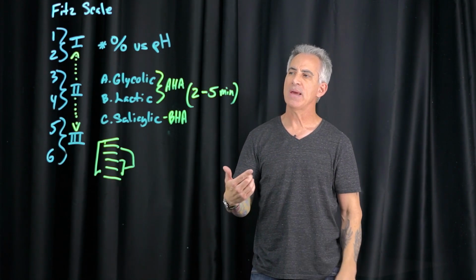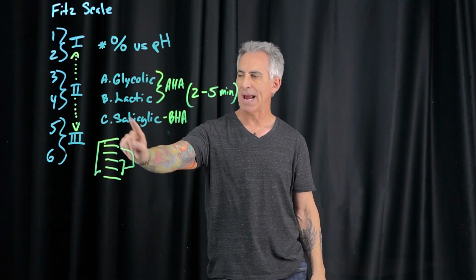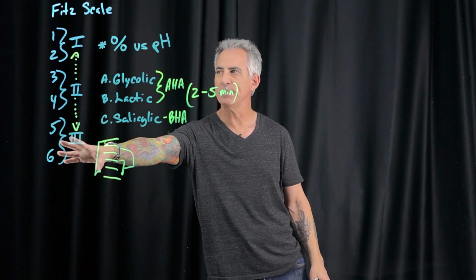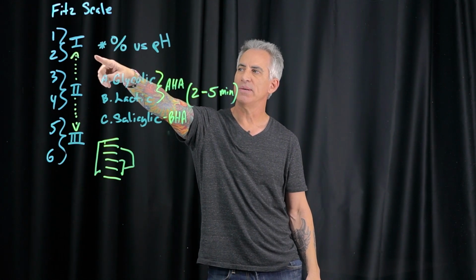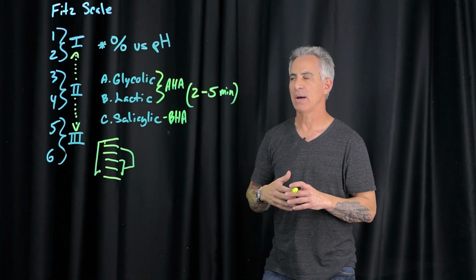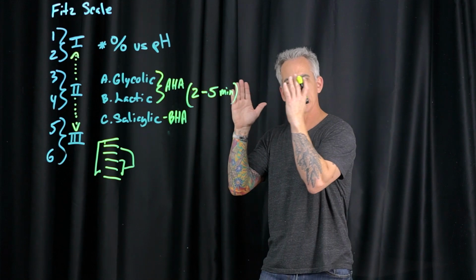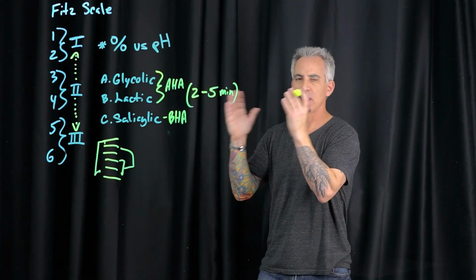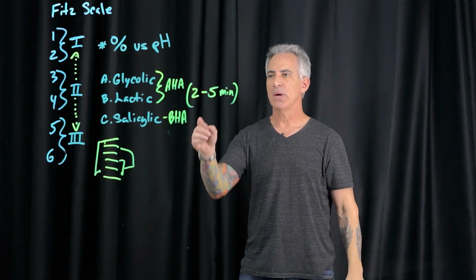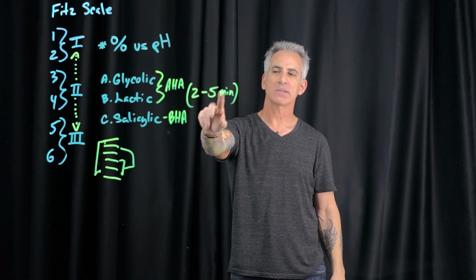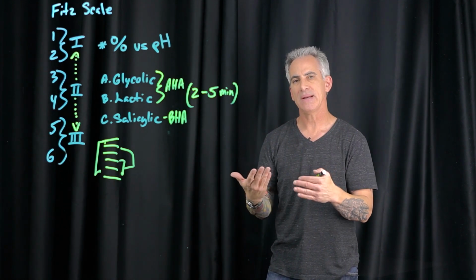And the reason why is because there are unknowns as it relates to the darker skin types and as it relates to the more albino, blue eyes, blonde hair, do not tan, lobster red, that kind of thing. So this is a very useful tool as it relates to being able to modulate how deep that peel is going to go.